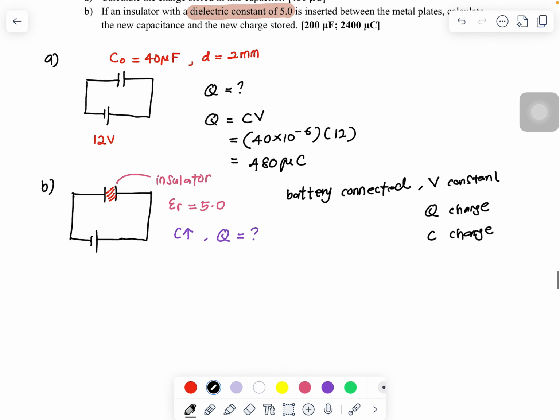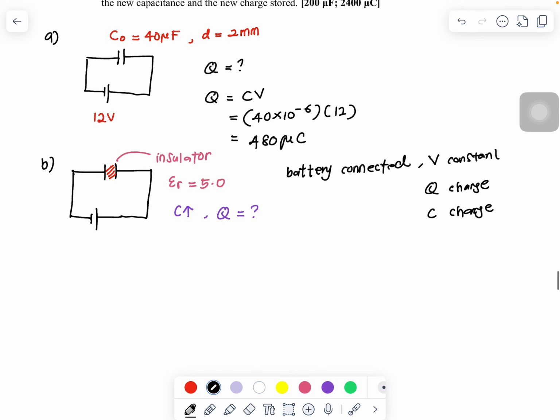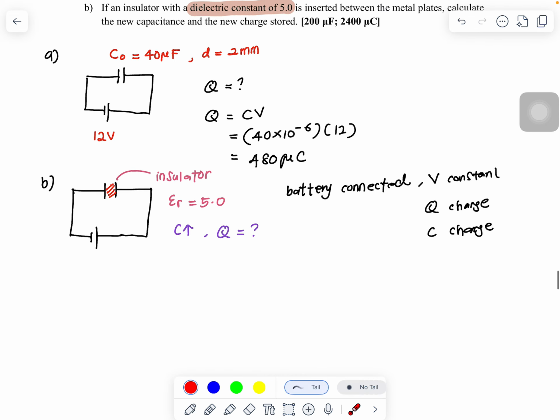Okay, so how do we calculate this one? First, let's relate. Since we have the initial capacitance, and we are given the dielectric constant, so kita ada satu formula yang relate. Final capacitance is equal to epsilon R times initial capacitance.